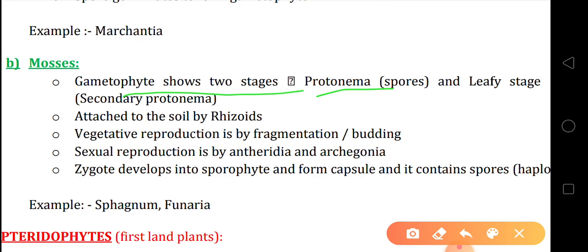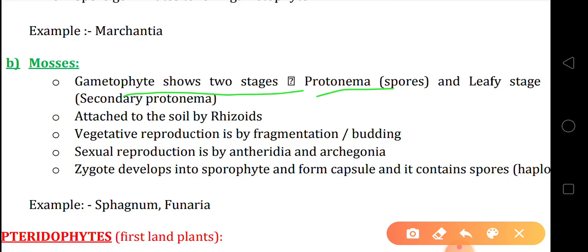Secondary protonema is the leafy stage in which sex organs are there. The gametes are formed, male and female gametes, and they form the zygote. So the two stages in the mosses are number 1 protonema, number 2 secondary protonema.